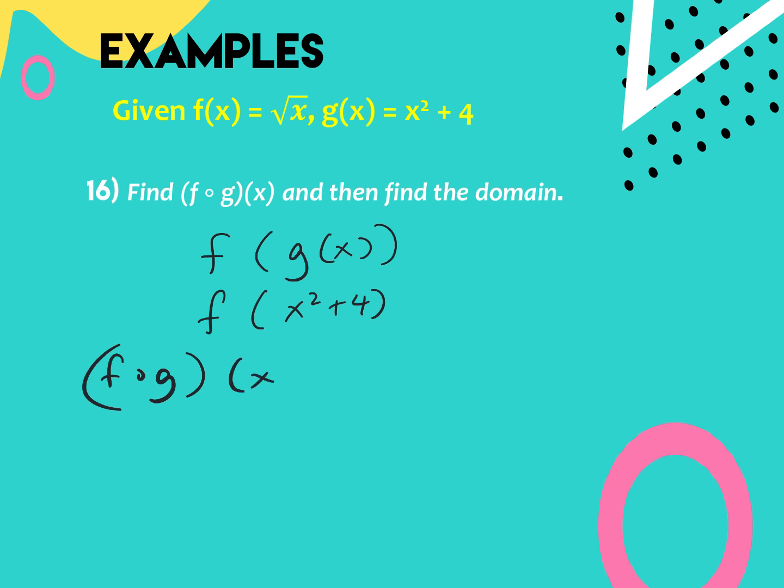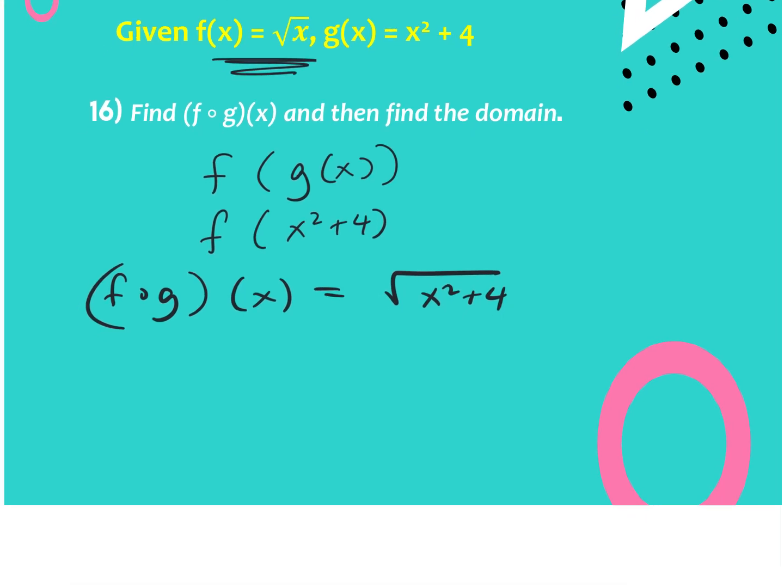So I'm going to go ahead and plug in x squared plus 4 and just put it under the radical. Because remember, your f of x function was just the square root of x. So I've taken out x and in its place put x squared plus 4. So this is my composite function.